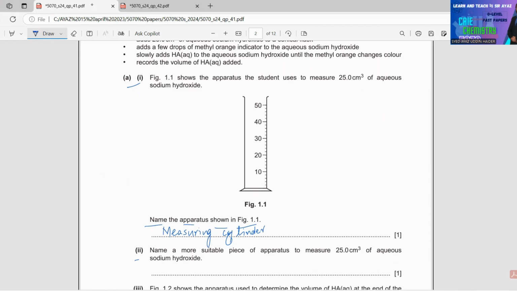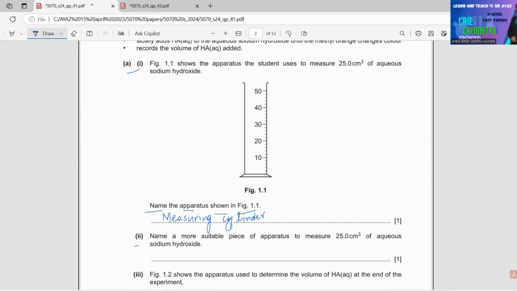Part 2. Name a more suitable piece of apparatus to measure 25 centimeter cube of aqueous sodium hydroxide. So here we are having fixed volume of sodium hydroxide. So in this case, you are going to use volumetric pipette.